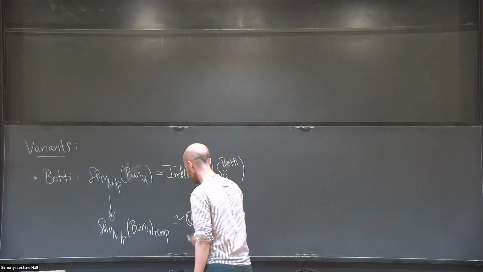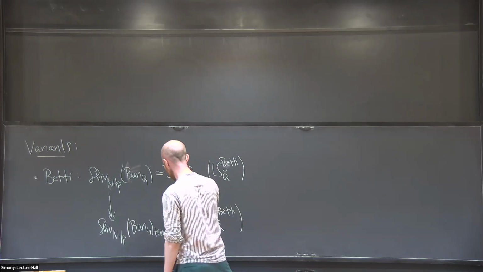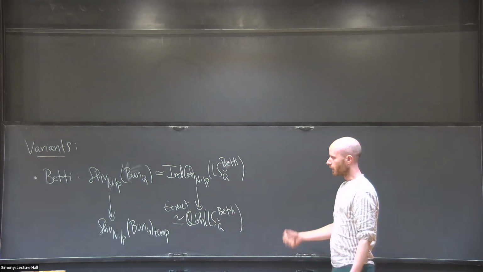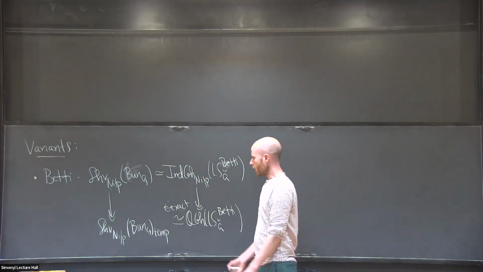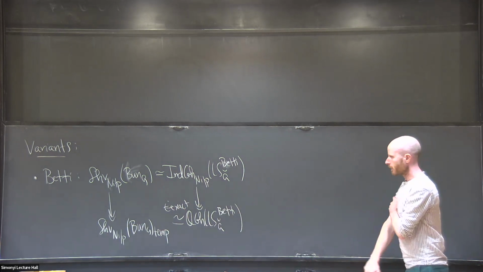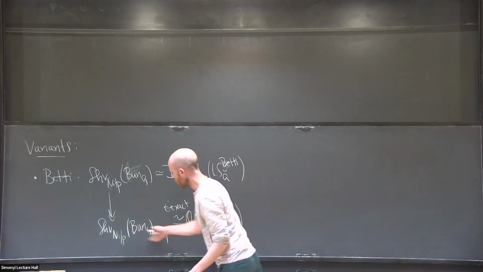And actually a nice phenomenon is that this functor down here is t-exact. So it preserves the t-structures. So this is actually an equivalence of abelian categories, in the sense where this is given some quotient t-structure.